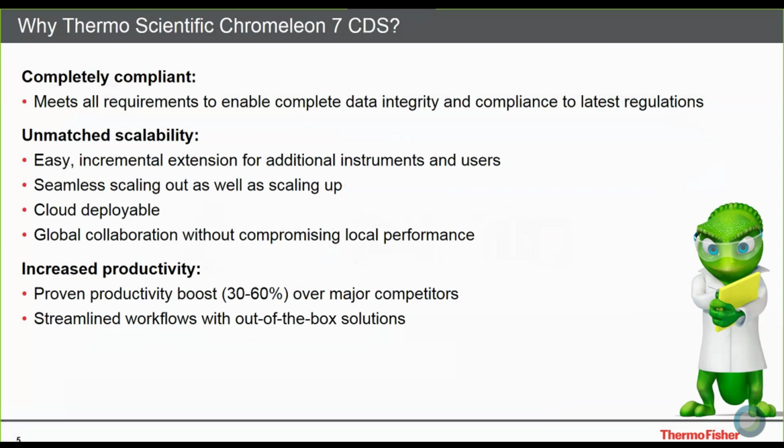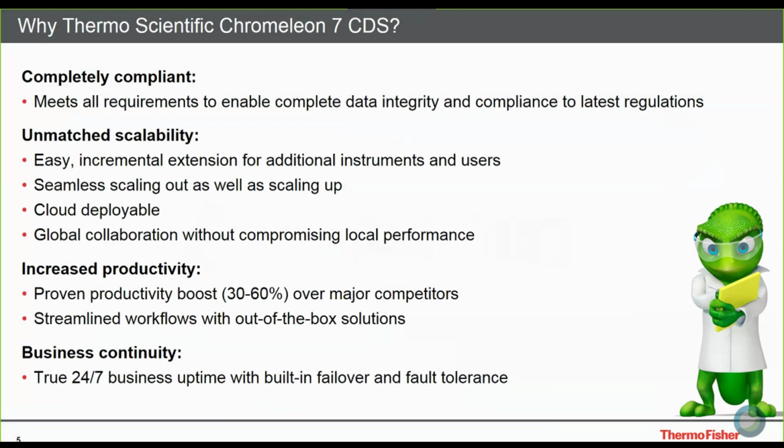If storing your data in the cloud, having your infrastructure in the cloud is something of interest to your company, we can offer support for that. And in an enterprise environment, we can offer true 24/7 business uptime, meaning no interruption to your business if you have network interruptions.